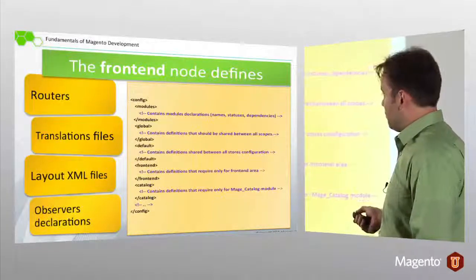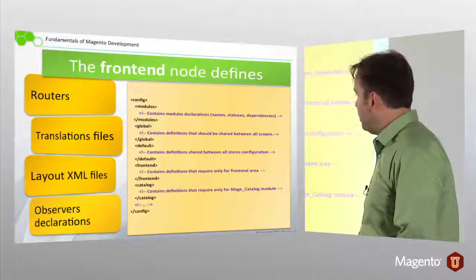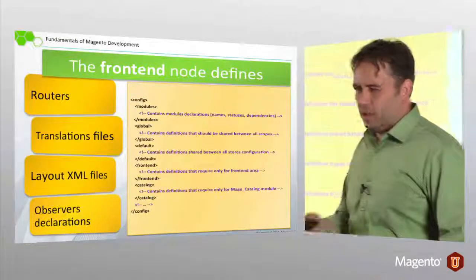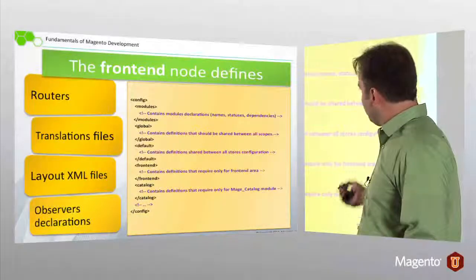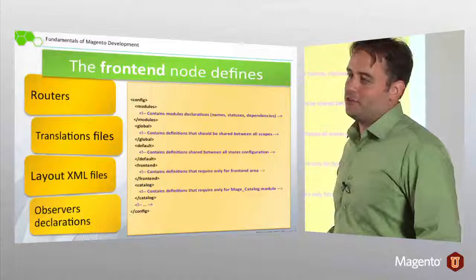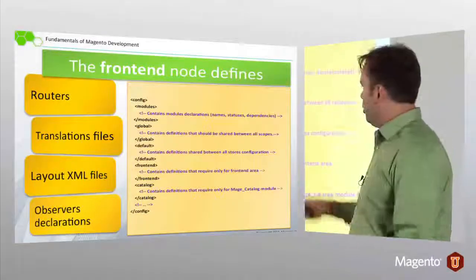We also can specify our layout XML files, which is what we were talking about earlier. So inside front end, we might have updates, and I think we have an example of that a little later on. And we also declare our observers. That's our event-driven architecture, and again, that's done in the different area scopes.